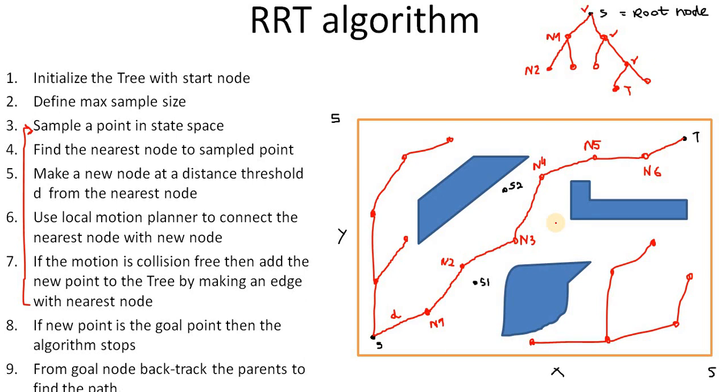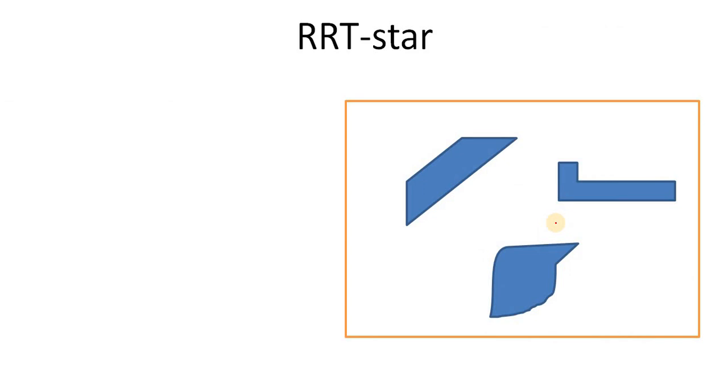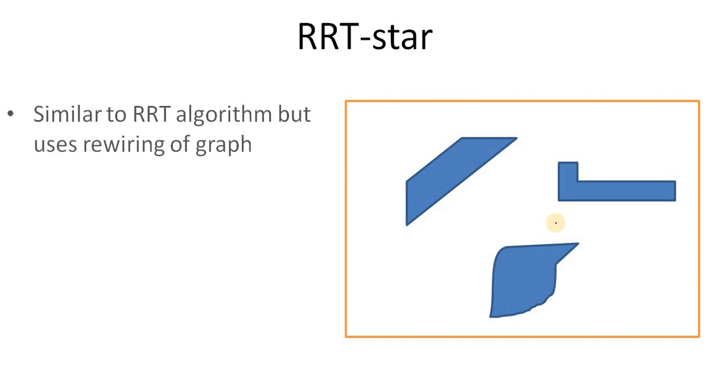This is the minimum requirement, but it is not the shortest path. To solve this problem, someone proposed the RRT star algorithm, and it is similar to the RRT algorithm, but it uses rewiring of the graph.